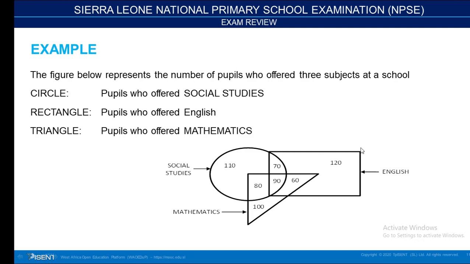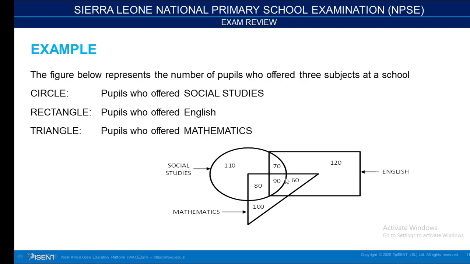Again, we are going to look for that number that is found only in the rectangle, not in any other shape. Let's have a look at number 60 here. 60 is found in the rectangle, but also in the triangle, so we consider it not. 70 is found in the rectangle, but it is also found inside the circle because the line encompasses 70.